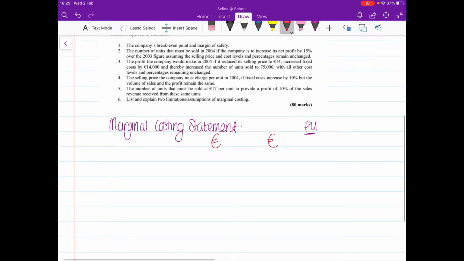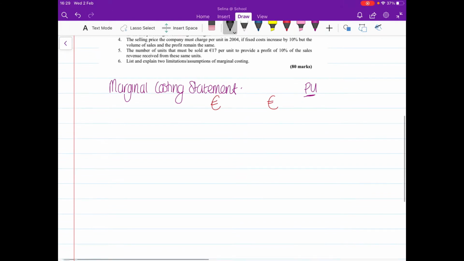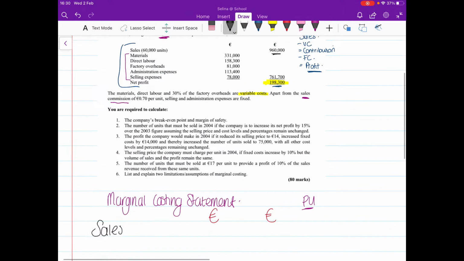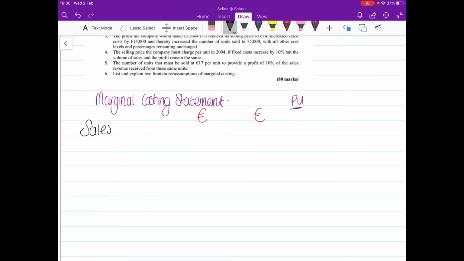So we're starting off with our sales. Remember the way I said the marginal costing statement works: it's sales first. Our sales are 960,000 euros. Then I'm going to have a little heading, less variable costs.